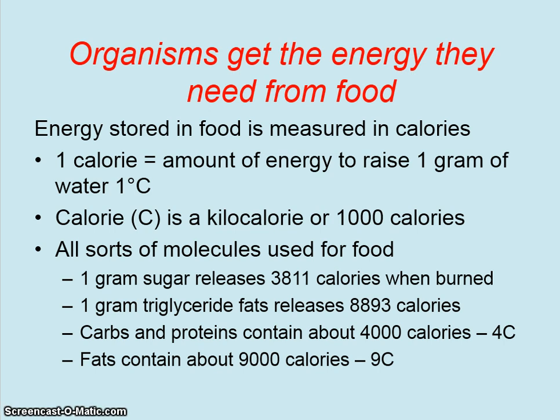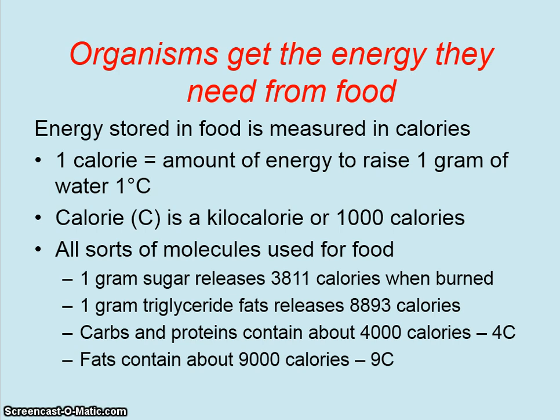So what contains the most calories in what you eat? Like sugar, if you have 1 gram of sugar, it will release 3,811 calories when it is burned.